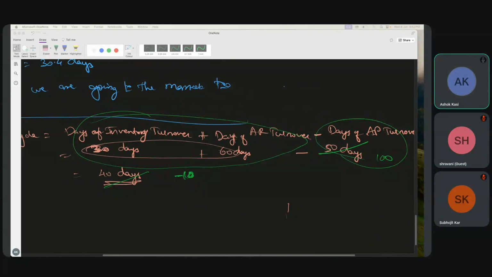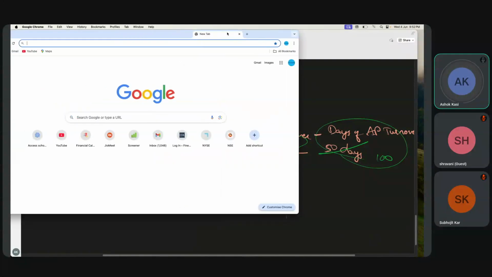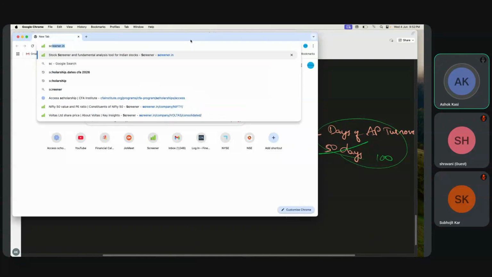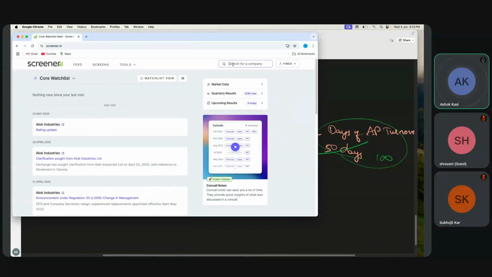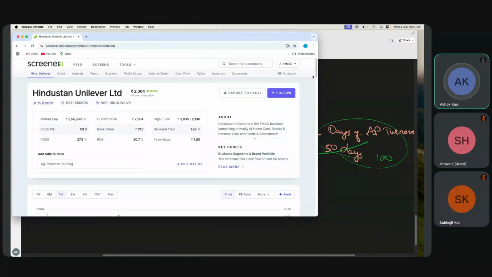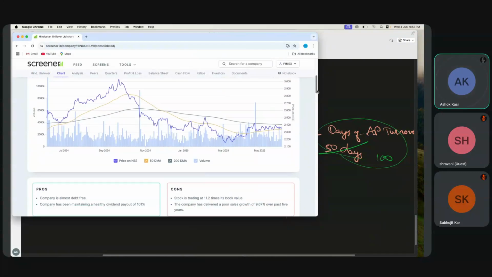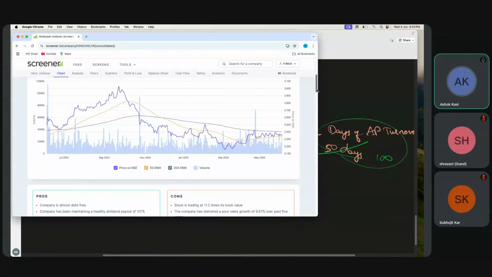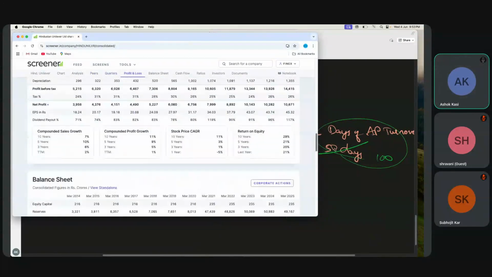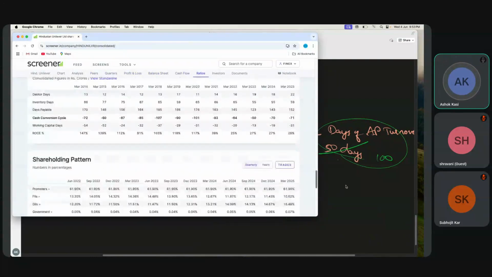See, screener.in, go to search, type Hindustan Unilever. You can see here cash conversion cycle.